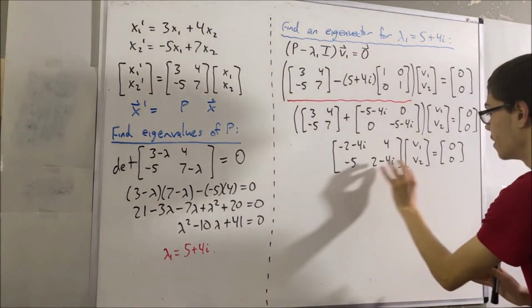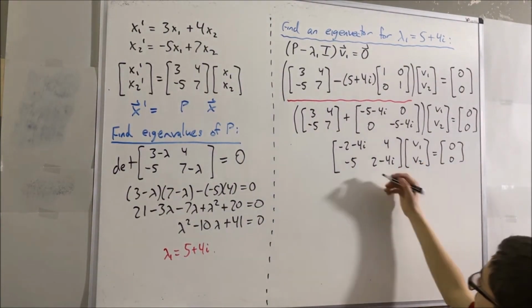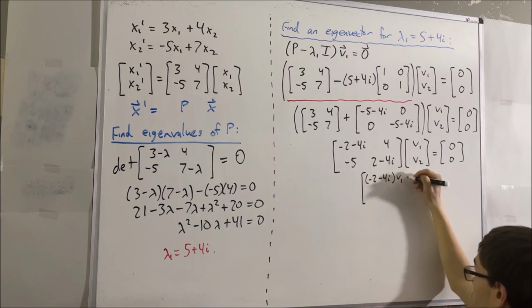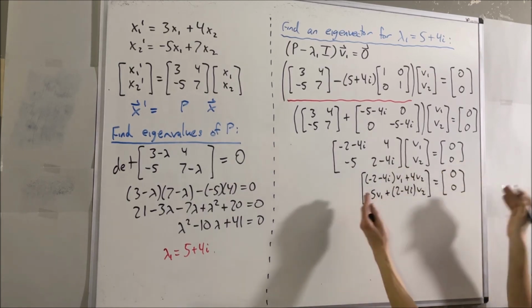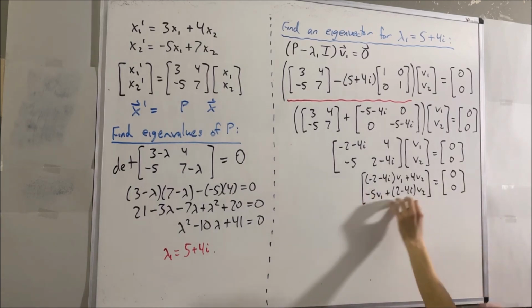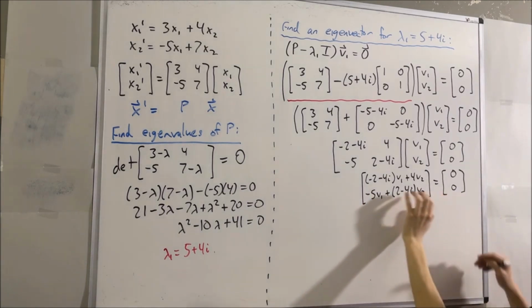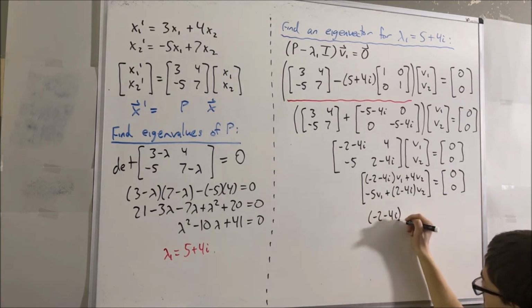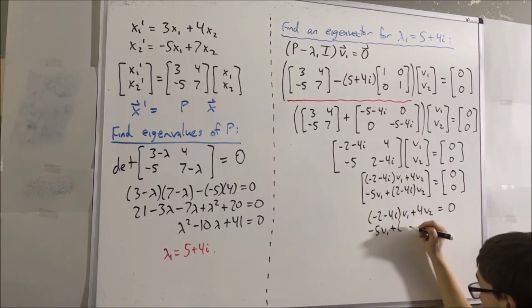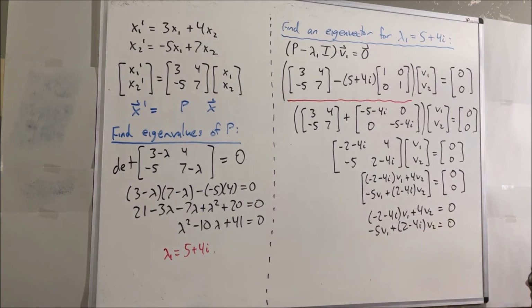If we multiply these two matrices together, we would get this. And so really, we have two matrices equal to each other. We could set this thing equal to 0 and this thing equal to 0. And so this is what we have now.